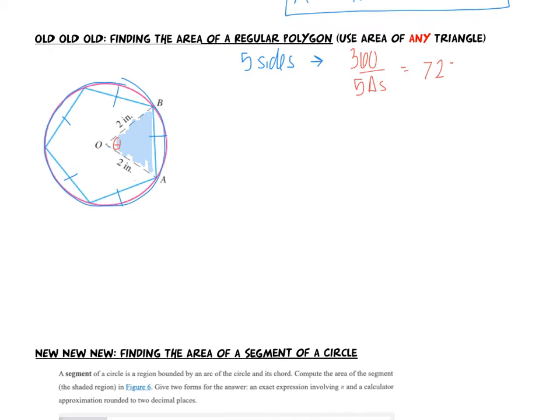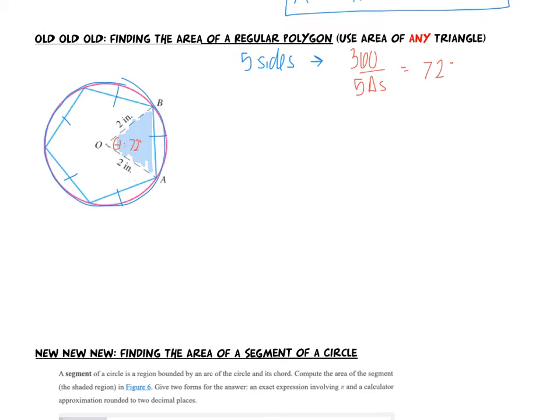Okay, so we've done this before. That equals 72 degrees. Well, if I can find the area of that shaded triangle, then multiply it by 5, I just found the area of that regular polygon. So let me go back, review my triangles.